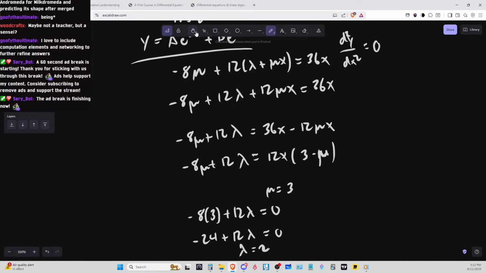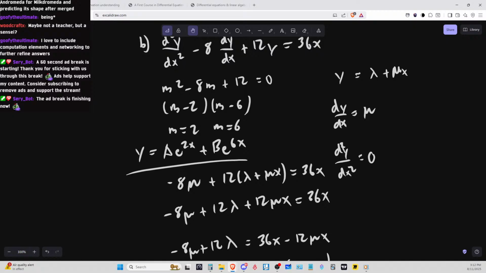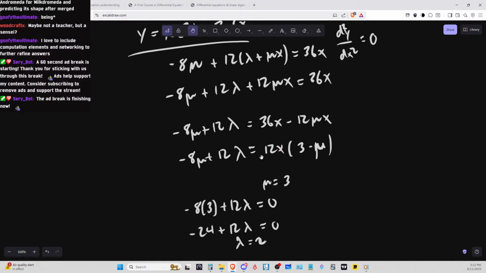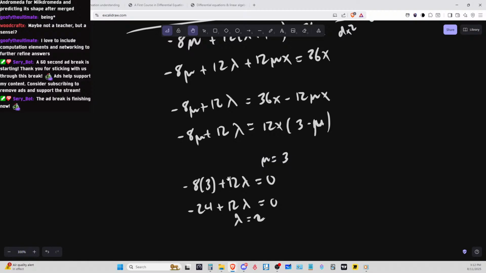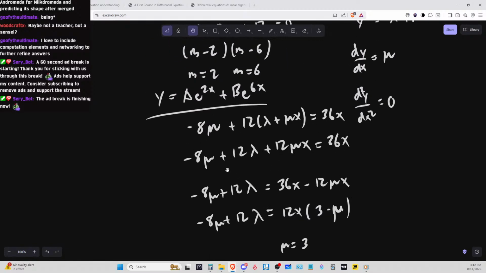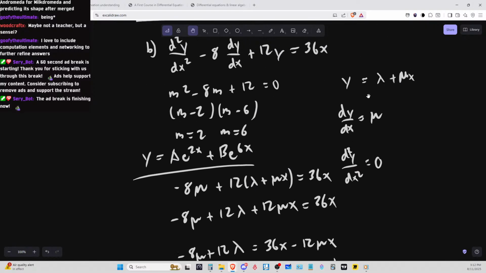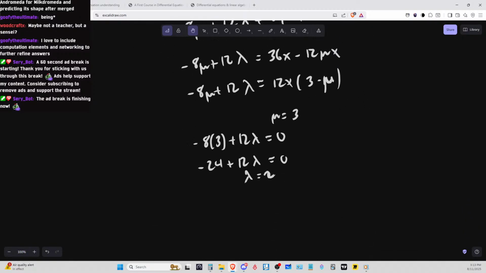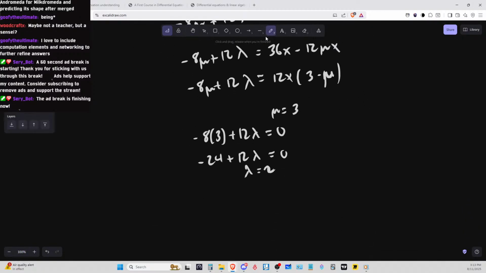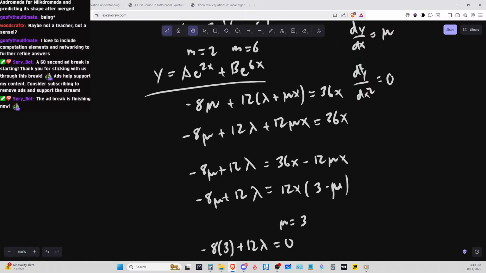So in this case, we have to add 3 and 2. Well, actually, we have to put it like this, so now we are left with y is equal to a plus e 2 and 6.